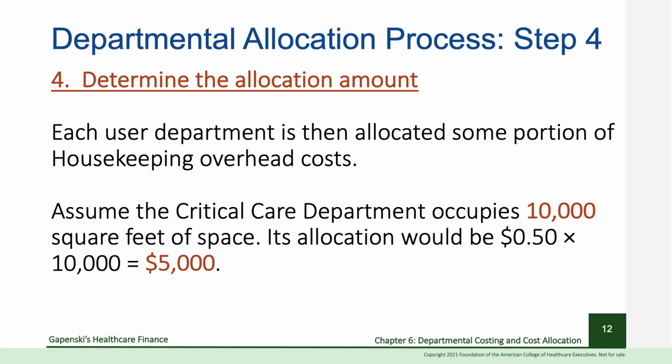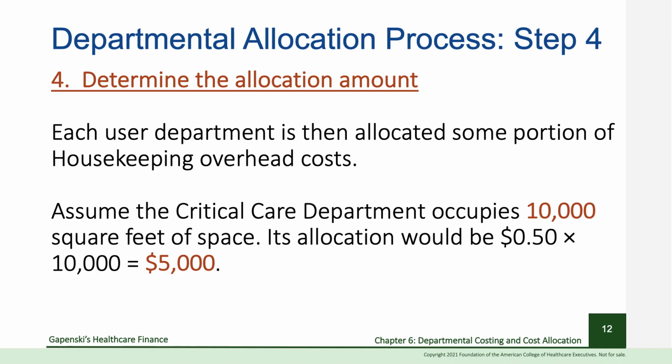And then you will determine the allocation amount. Each user department is then allocated some portion of housekeeping overhead cost. So let's say the critical care department occupies 10,000 square feet of space. They are huge and they occupy 10,000 square feet of space.